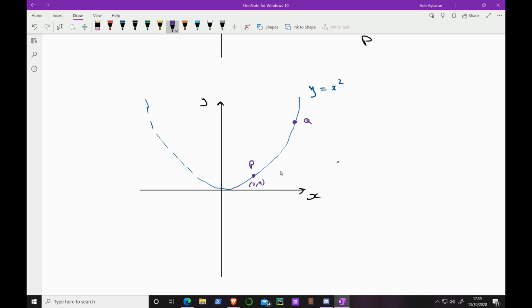And we are told that Q is a nearby point, and this is the straight line between P and Q. Before we do anything, let's draw our so-called triangle for our change in y over change in x. Let's use orange.